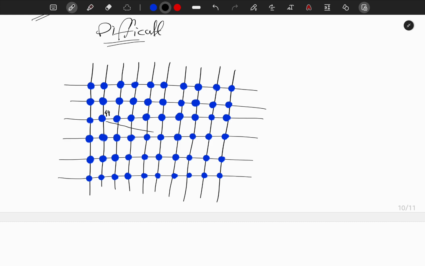If we go some distance in this direction, then this atom B also has the same environment about it. The surroundings of atom A and atom B in the same crystal are exactly the same, and this is happening in 3 dimensions. So this type of thing we call a crystalline solid. This is an example of a crystalline solid.